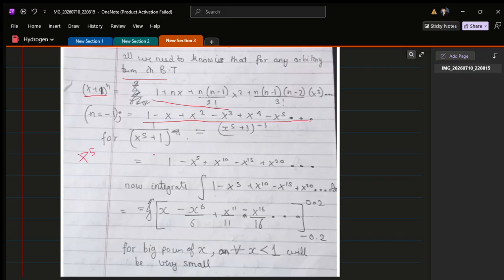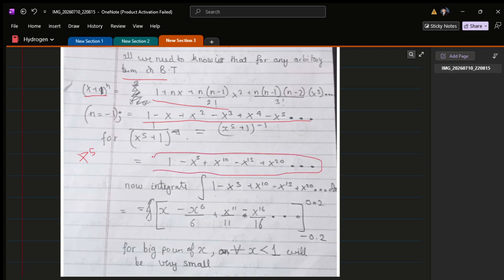If we put that, it will become 1 minus x raised to the power 5 into 1 plus x squared, that is x to the power 10, 15, 20, 25. Yep, we obtained this.